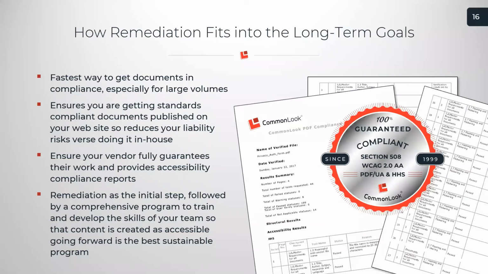Sending everything to Common Look to have them remediated is not really a long-term solution. Our hybrid approach is to teach you how to remediate in-house, but also know that the remediation services is available whenever the time need be. So for example, you can set up a whole remediation team and have built a program, have everything running smoothly.